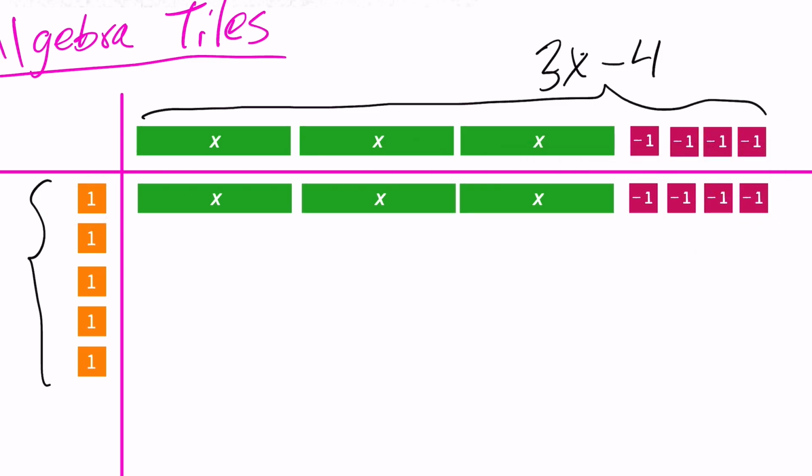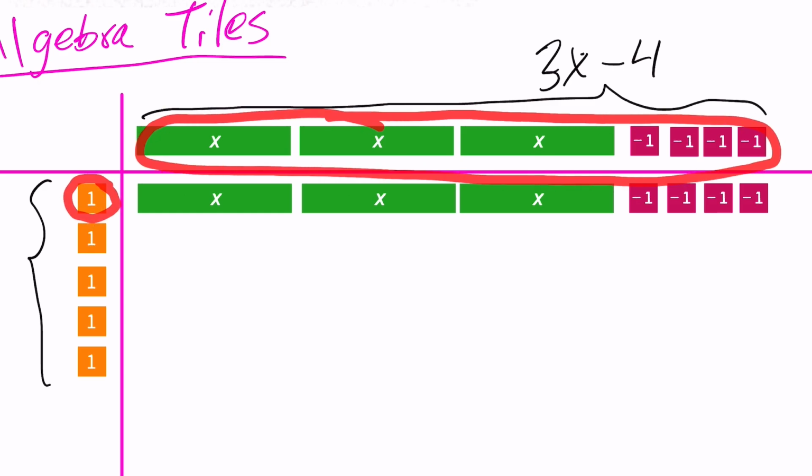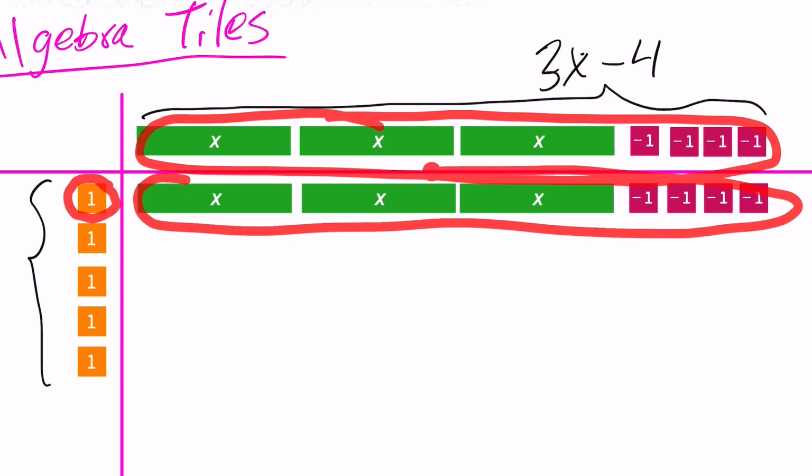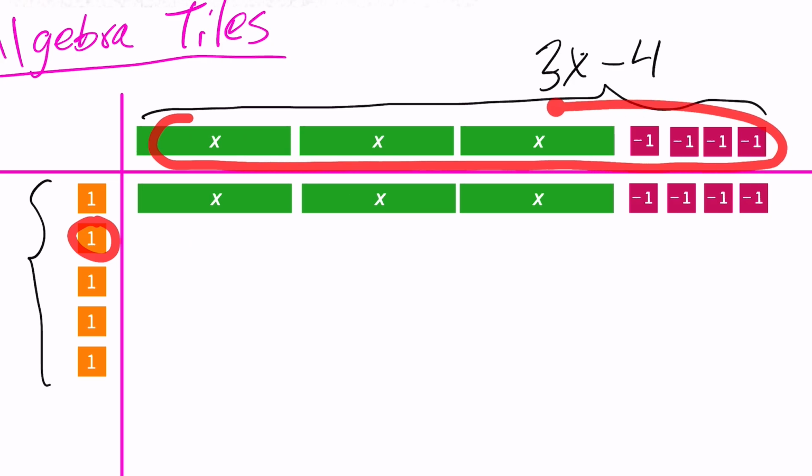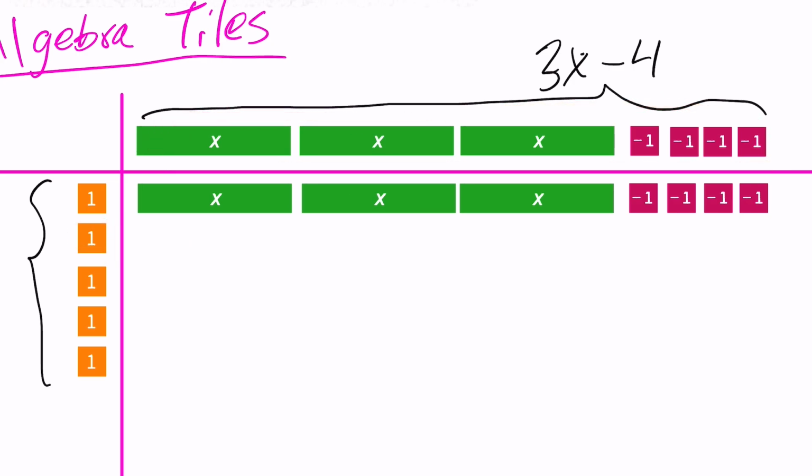Okay, so what we just did there is one group of all this. 3x minus 4 literally just gives 3x minus 4. And if I do it on the bottom line, it's just one group of this, which is just going to give another x. But you're seeing it's one group of this entire thing, this whole rod right there, 3x minus 4.